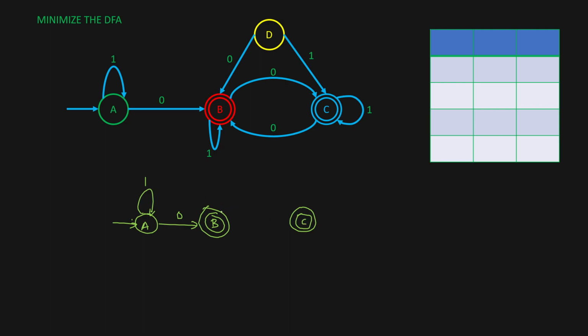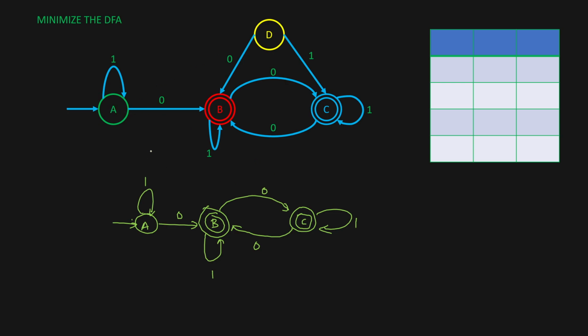In state B, if you get 0, you go to state C, and if you get 1, you stay in state B itself. In state C, if you get 1, you stay in state C, and if you get 0, you go to state B. So this is our new DFA. Any arrows or any connection related to state D, we are going to remove them, and we are going to remove state D because it is not reachable from your starting state A.